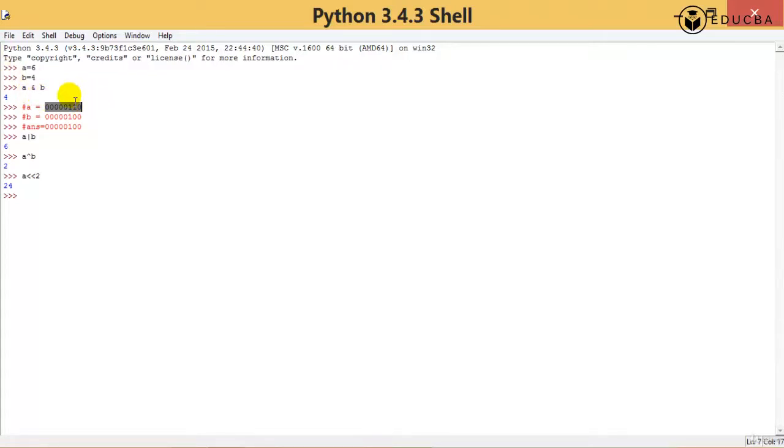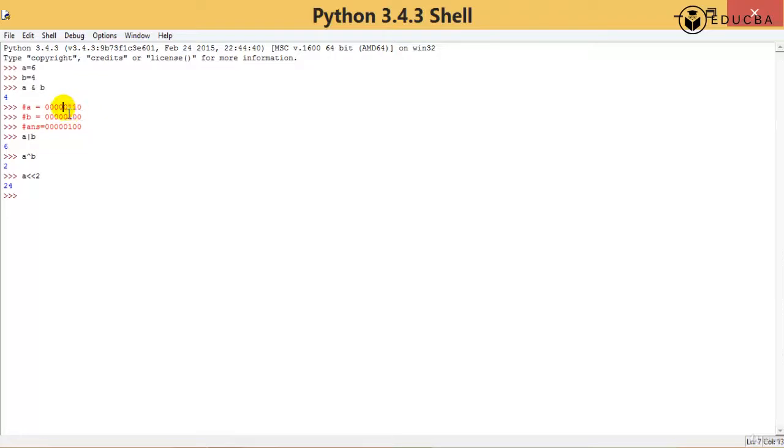So this 0 will come here, this 1 will come here, that is left shifting by 1. But when I left shift by 2, these two ones will shift by 2, which means they both will come here, and these all will be zeros. So 0, 0, 0, 1, 1, and 0, 0, 0.